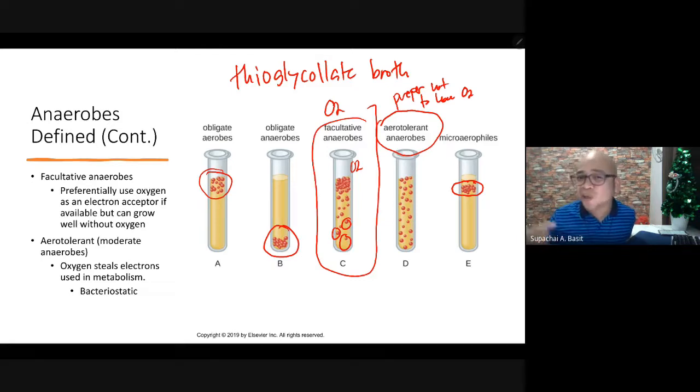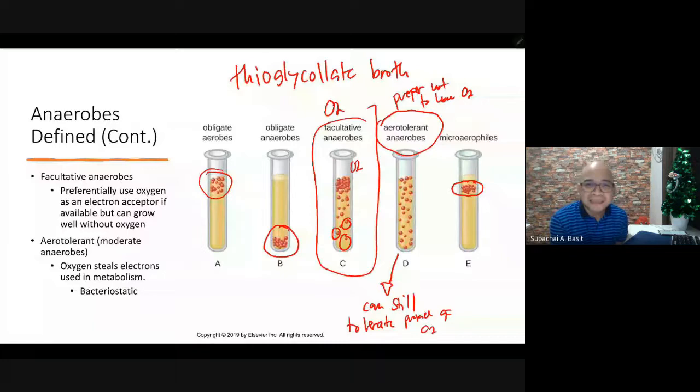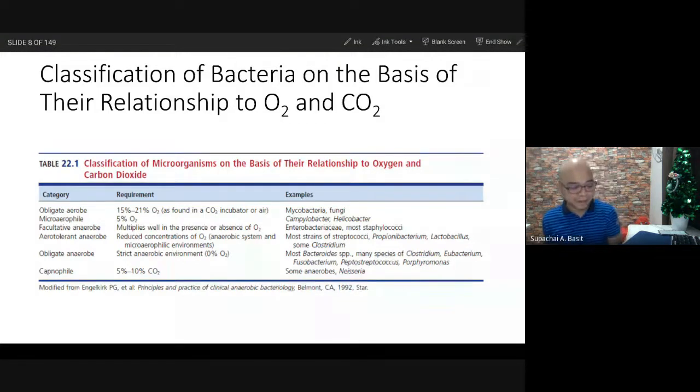They can still tolerate the presence of oxygen. That's why they are called aerotolerant anaerobes. I hope that's clear. So these are the different types of oxygen requirement, and some of the examples.